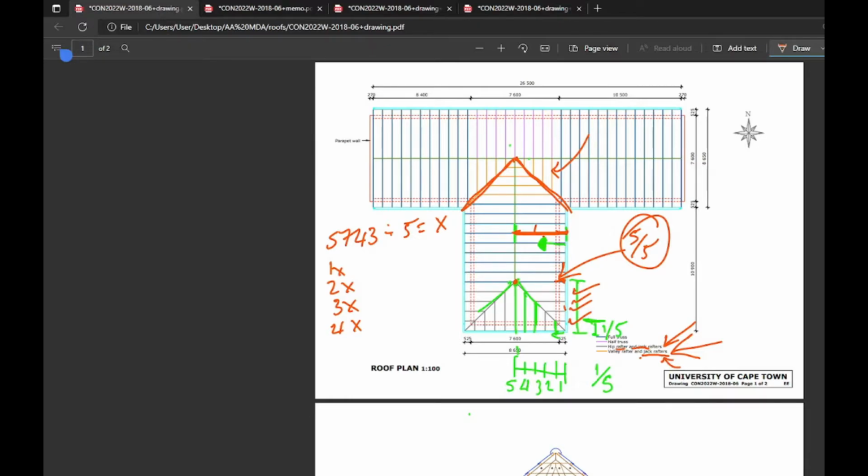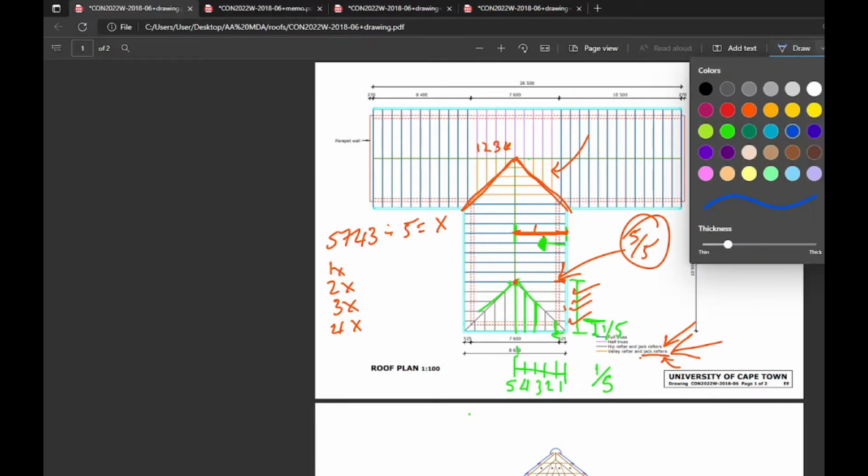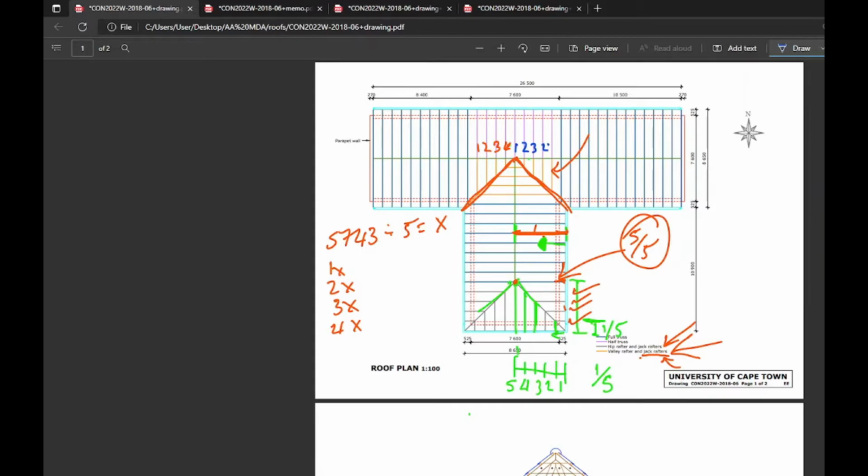This one is in black on plan for hip rafters and jack rafters, okay? So that means we've got orange over here, and remember previously we said this one's a full truss, so we're going to just erase that, drawing in 1, 2, 3, 4 from that side, 1, 2, 3, 4.